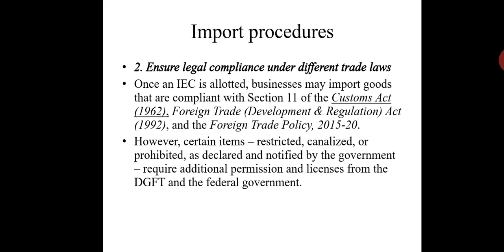However, certain items that are restricted, canalized or prohibited, as declared and notified by the government, require additional permission and licenses from the DGFT and the federal government. In case you want to buy goods that are canalized, prohibited or restricted, you need to get additional permissions from the government and the DGFT department.